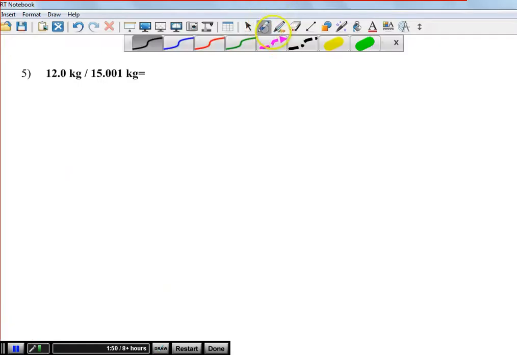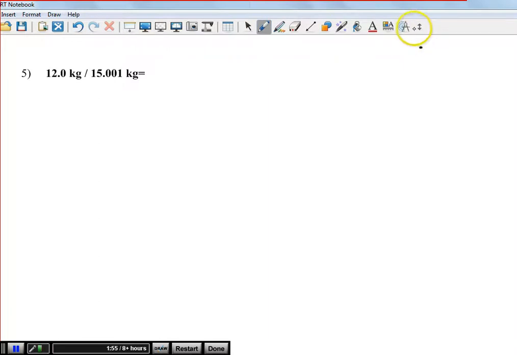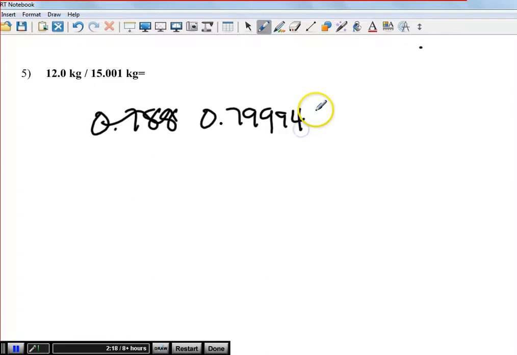So here's example number 5. What we're going to do here is this math: 12.0 divided by 15.001. Now when we do this in the calculator, you're going to get an answer of 0.79994666702.